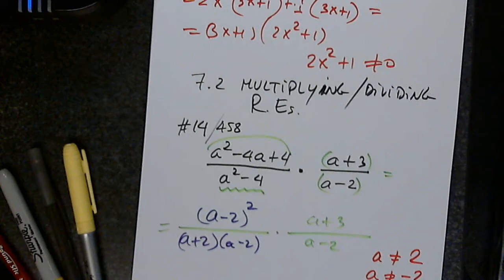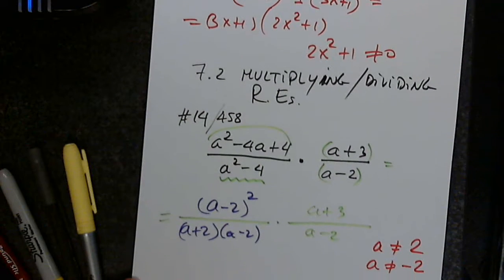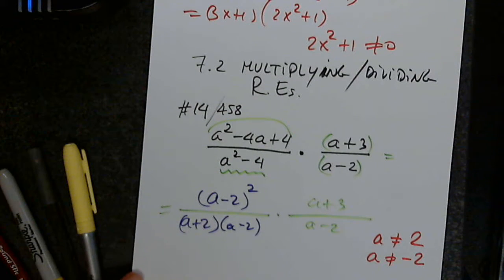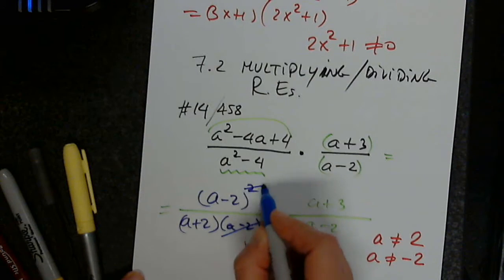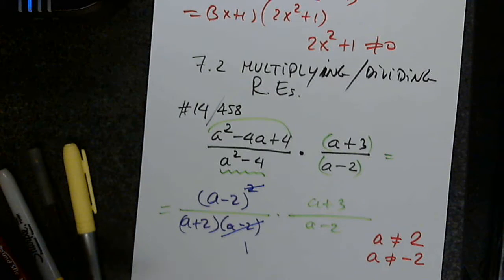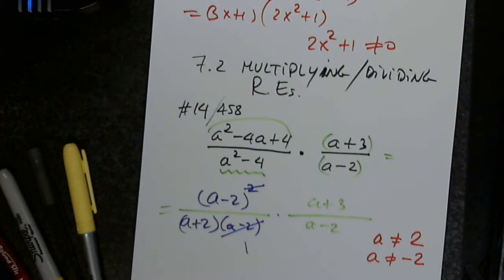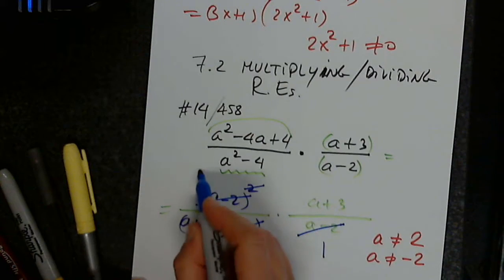Now I'm ready to simplify. Which common factors go away? And please write 1 after you simplify. You get a minus 2 with one of these. Please write 1. And then another a minus 2 from here with an a minus 2 from here, and I write 1.